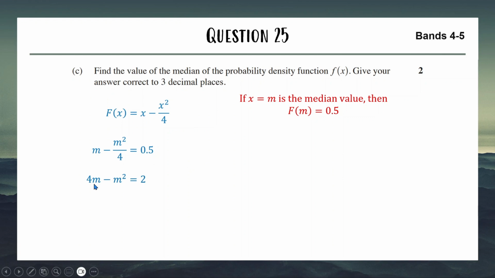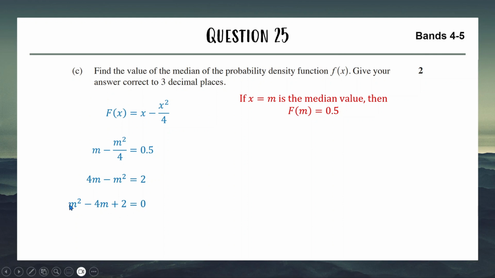So now m becomes 4m, this m squared is now not a fraction, and 4 times a half is 2. Now bringing everything over to one side to make a more friendly quadratic, we might actually bring these over here to make the m squared positive. So m squared becomes positive, 4m becomes negative, and the 2 is still positive. So our quadratic is m squared minus 4m plus 2 equal to 0.